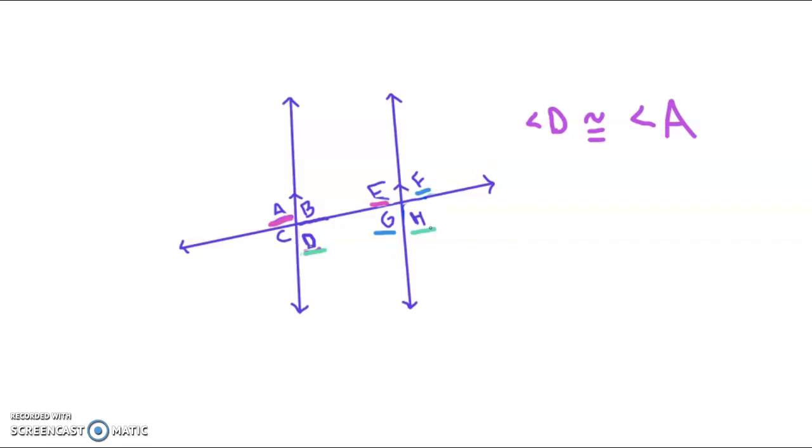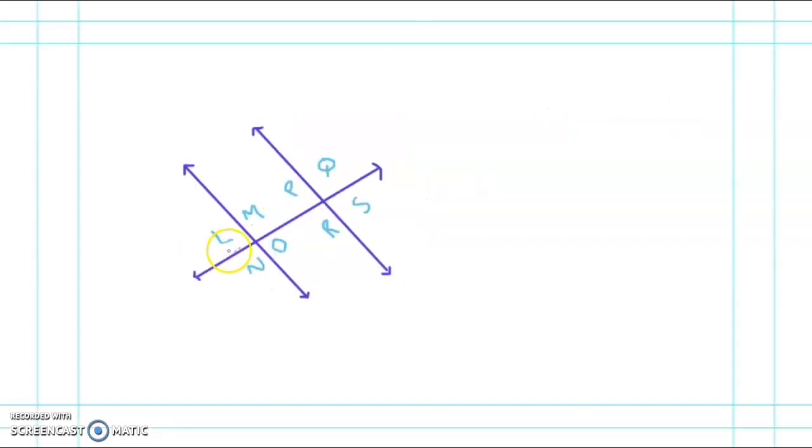So I'm now going to give you another example, and this time we're going to work through finding alternate interior and exterior angles, vertical angles, and corresponding angles. Now, angle L and angle S are one example of alternate exterior angles because they are alternating angles located outside of the parallel lines.